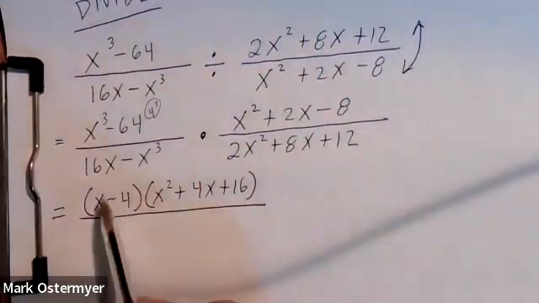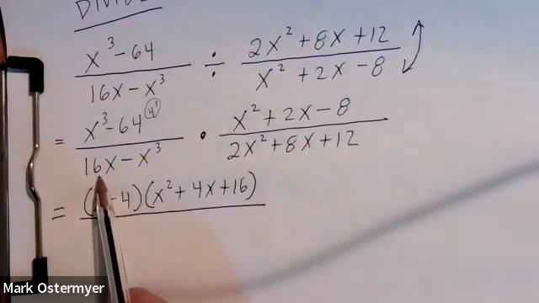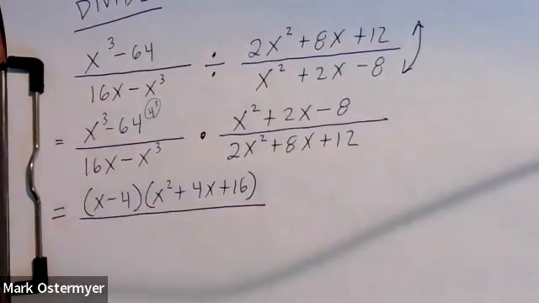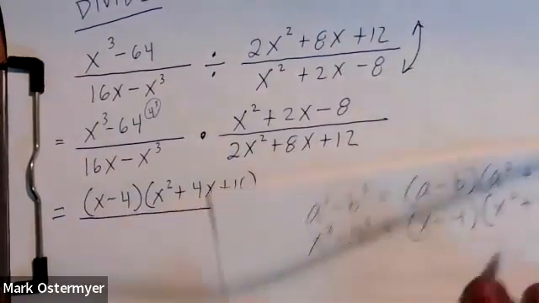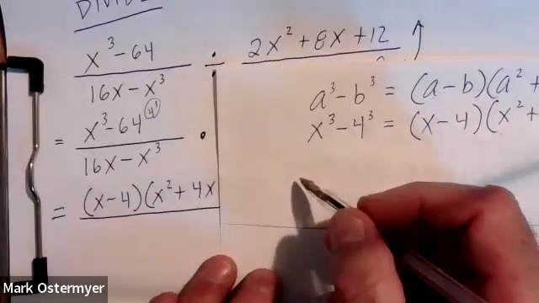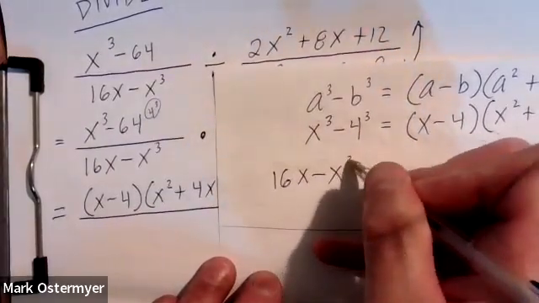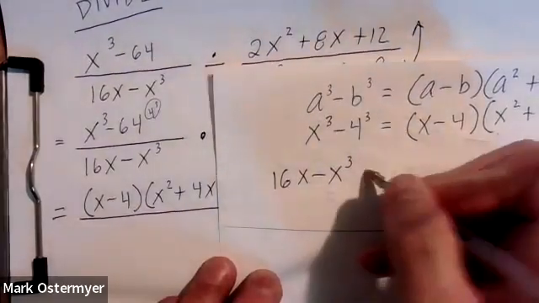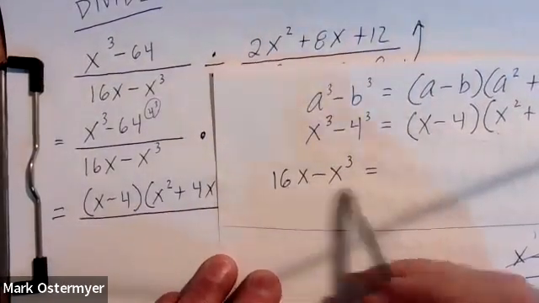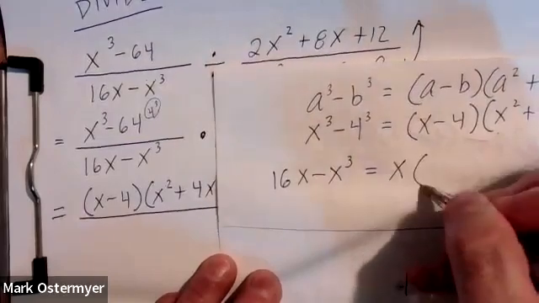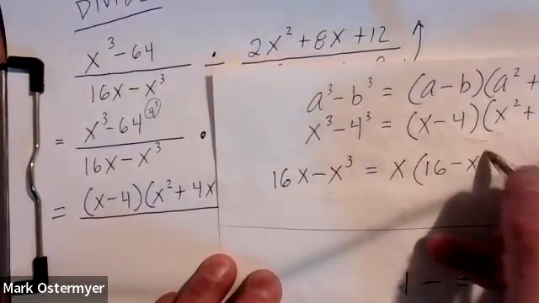All right, now in the denominator, how can we factor 16x minus x cubed? Well, what you can do is drag this off to the side of your paper and wrestle with it, and then bring its factorization back to the main problem. Notice I can factor an x out of both of these terms first, leaving behind 16 minus x squared.